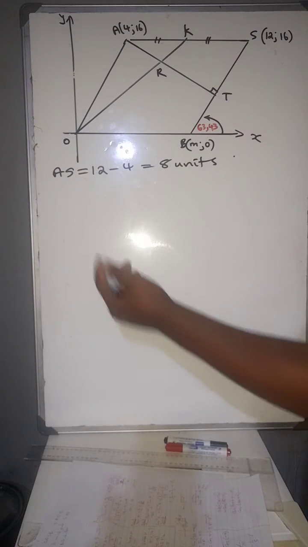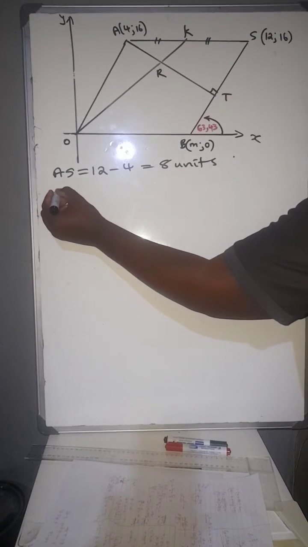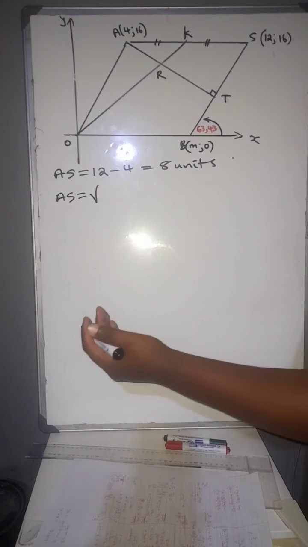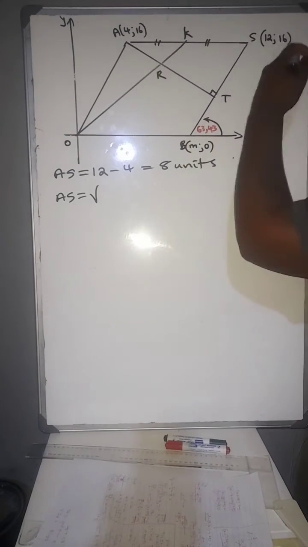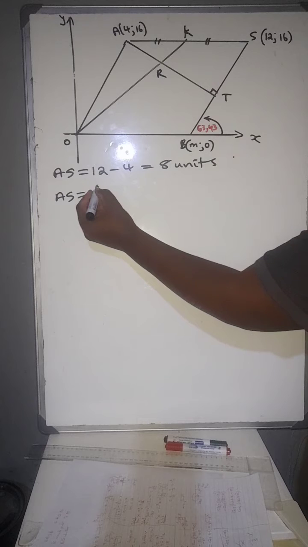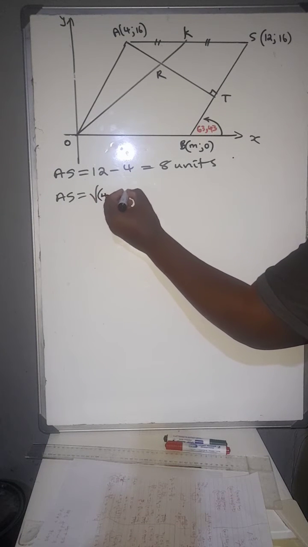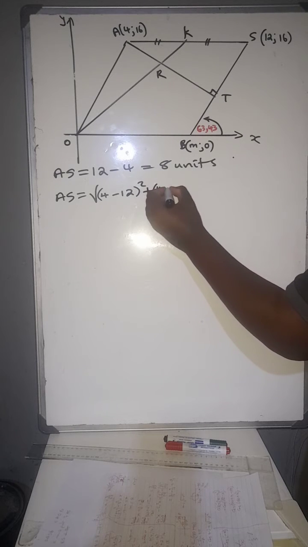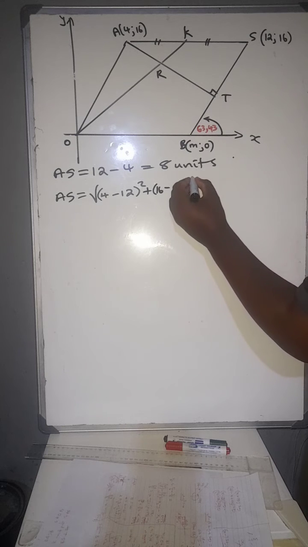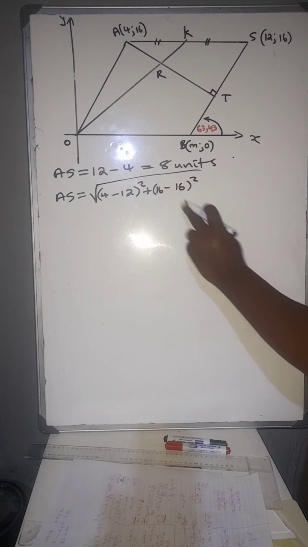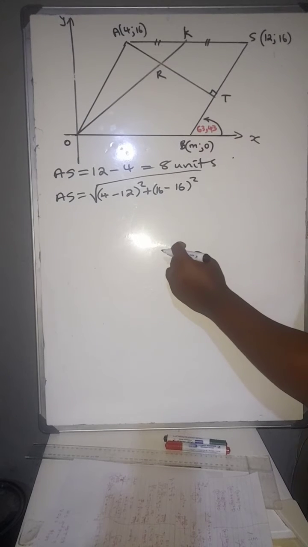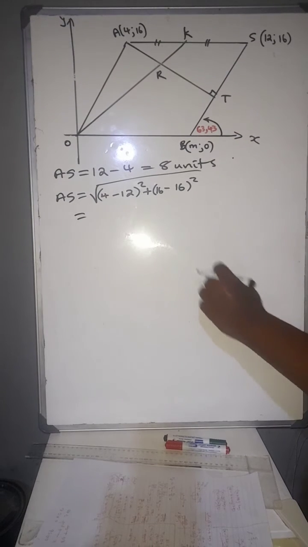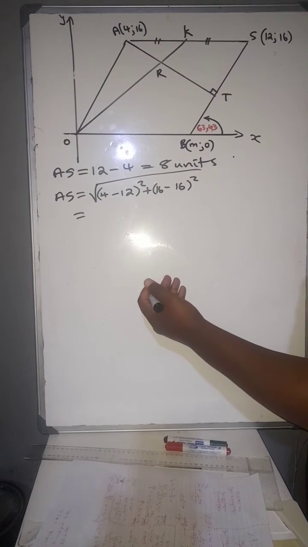But if you want to use the distance formula, AS is equal to the square root of x1 minus x2, squared, plus y1 minus y2, squared. Let me start with 4. So we are saying 4 minus 12, squared, plus 16 minus 16, squared. 16 minus 16 is 0, and 4 minus 12 is negative 8.